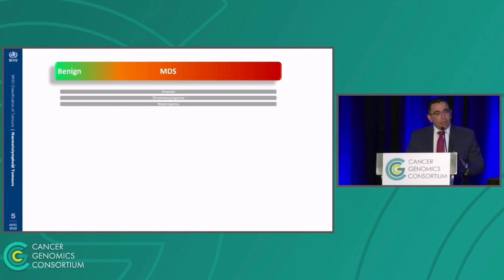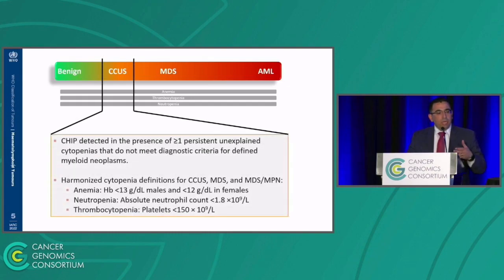Taking a step back and thinking about myeloid neoplasia more broadly, the WHO classification has created, I would say, cleaner and clearer boundaries that help us draw lines between, of course, benign conditions that cause cytopenias, clonal cytopenias such as clonal hematopoiesis and clonal cytopenia of undetermined significance, MDS and AML.